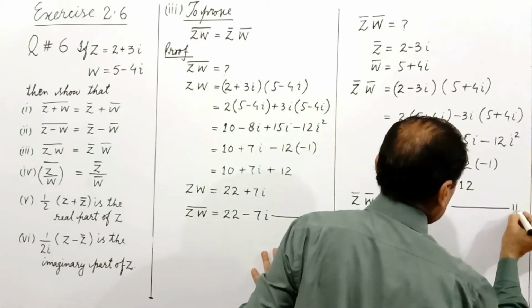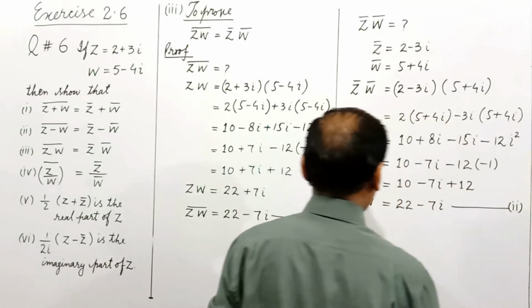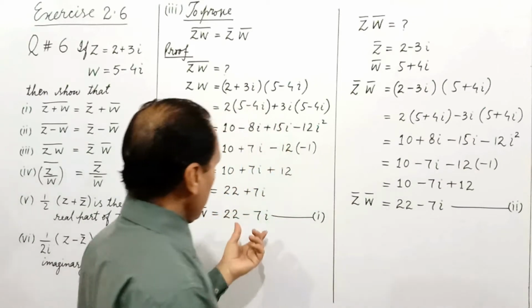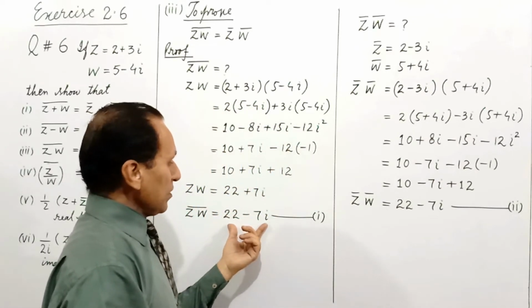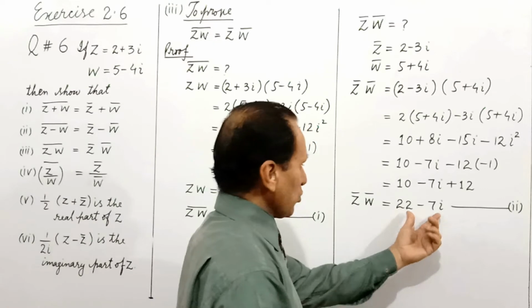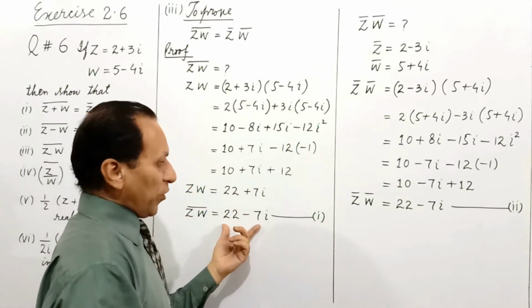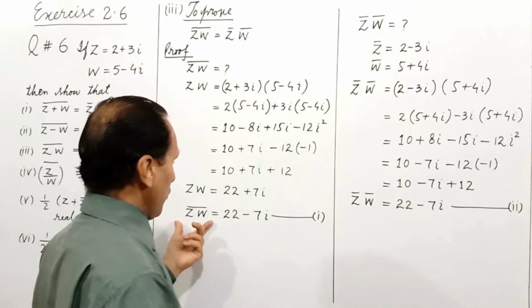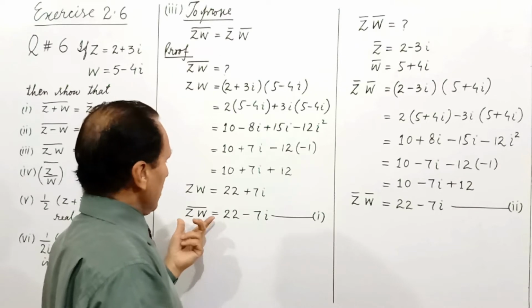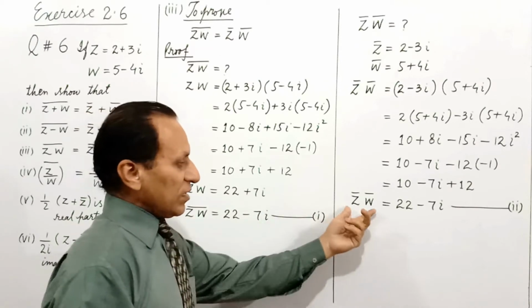We name it as equation number 2 for reference, and by comparison we see the right hand sides are the same, 22 minus 7 iota. So according to the transitive property, we write that the left hand sides are equal.